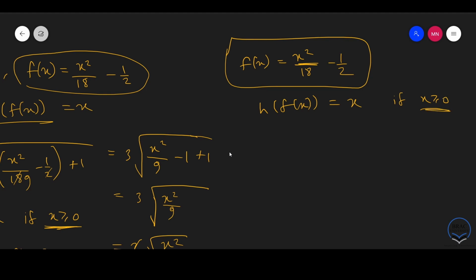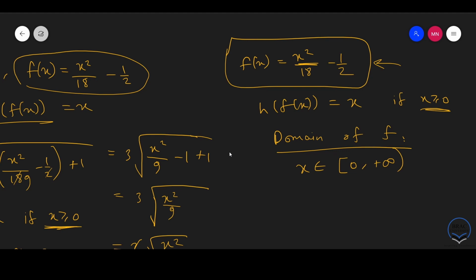That means we have to apply this restriction to this function, right? So the domain of f has to be non-negative. So x is an element of the interval from 0 to positive infinity.